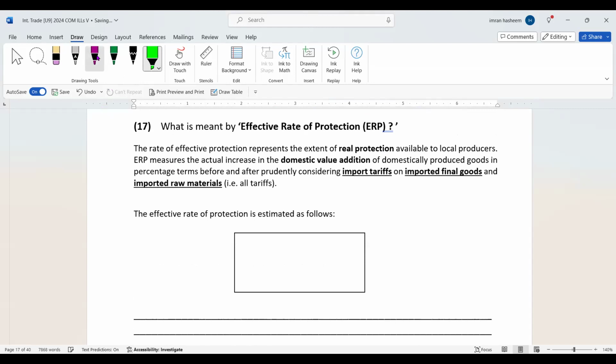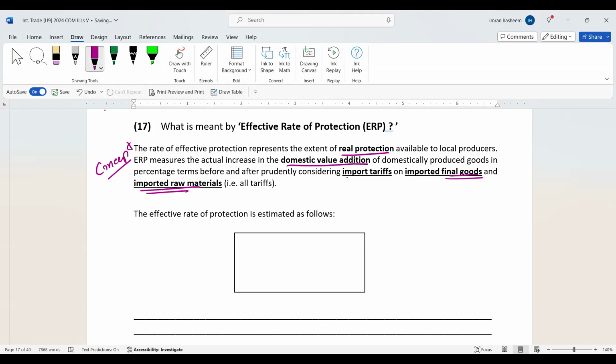The concept is clear. It is the rate of effective protection, real protection, actual protection available to local producers, where the domestic value addition has increased. We look at the tariffs not only on the final good, but also on the imported raw material.